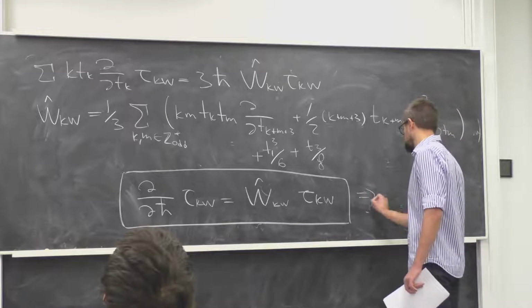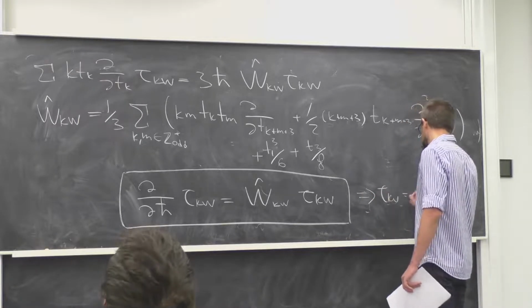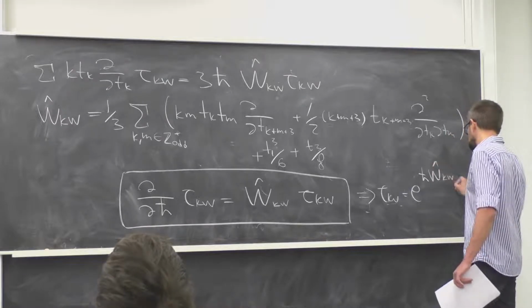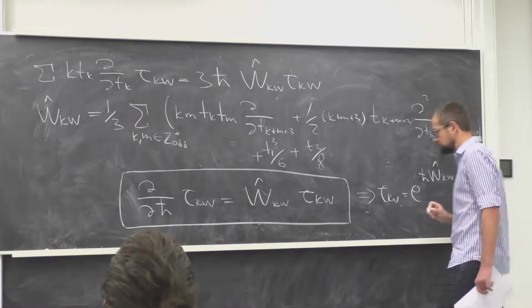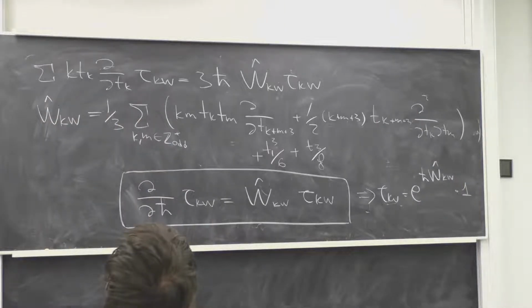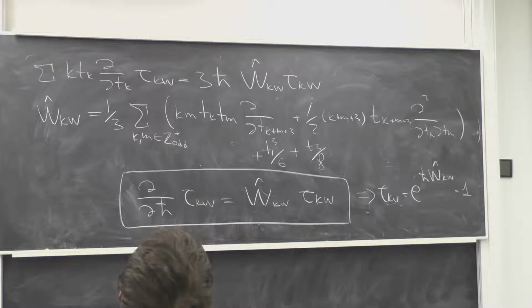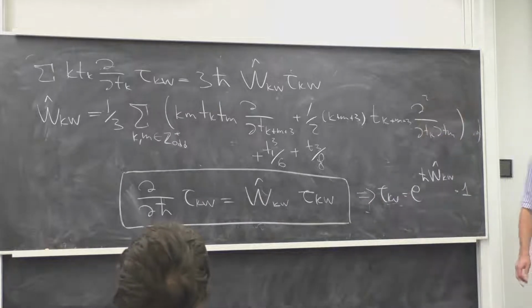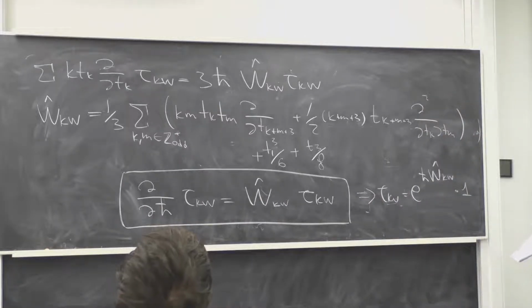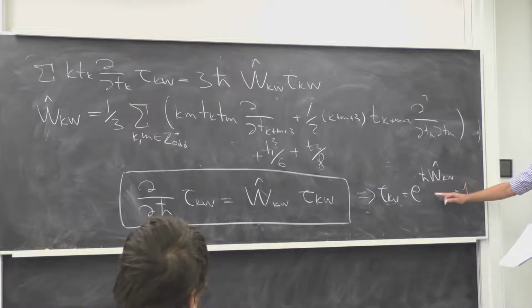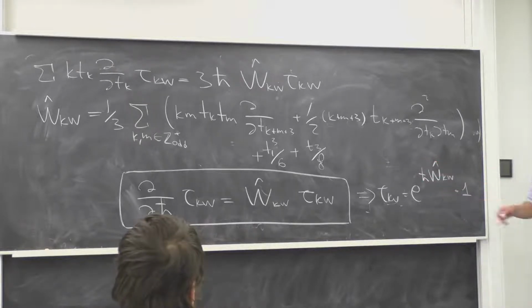So the solution is that the tau function is e to the h bar W acting on the trivial function. And so this is what I call the cut and join description, or cut and join operator. So this operator describes the tau function.